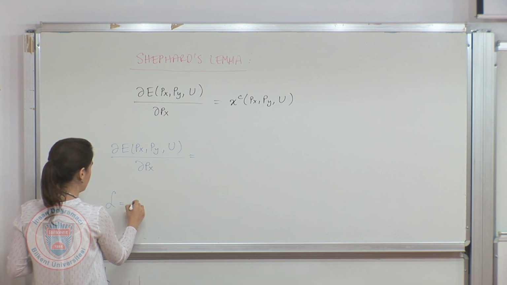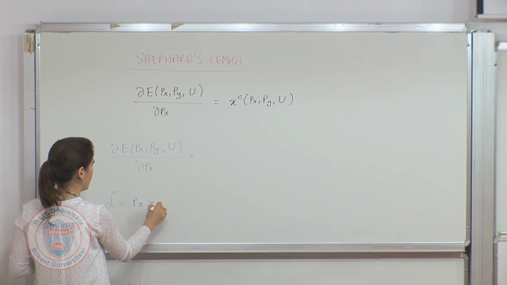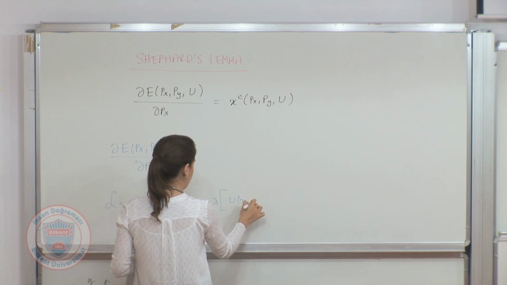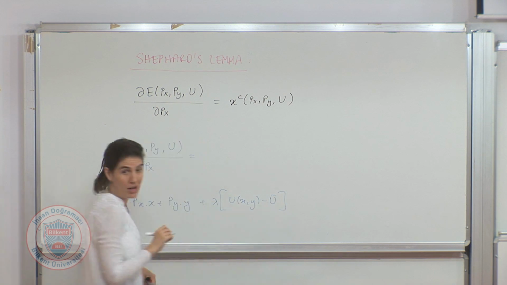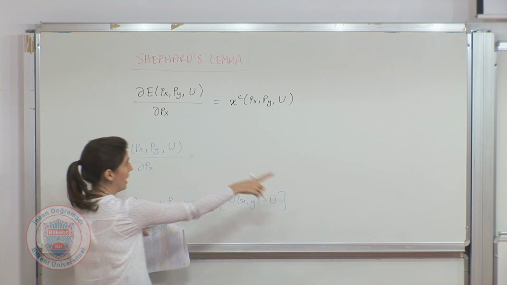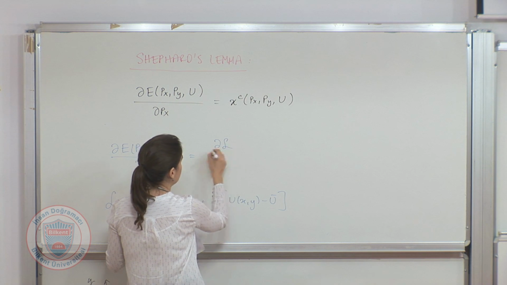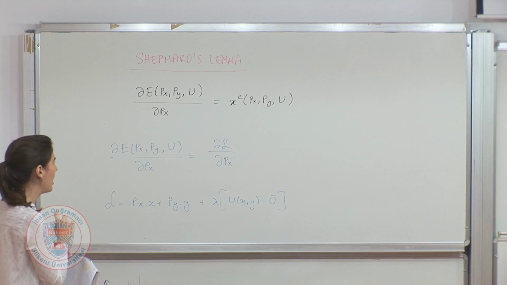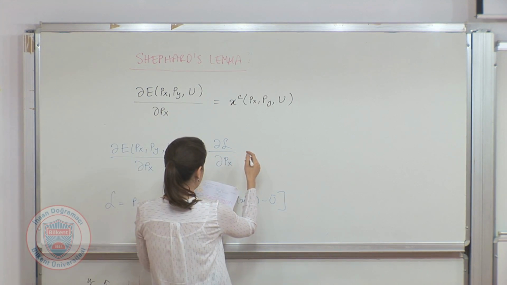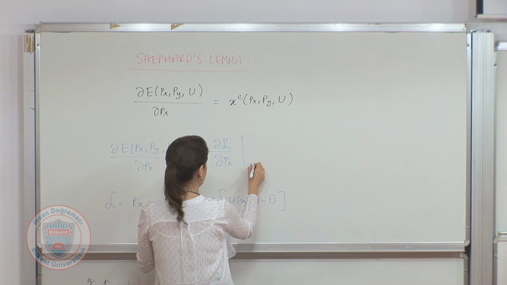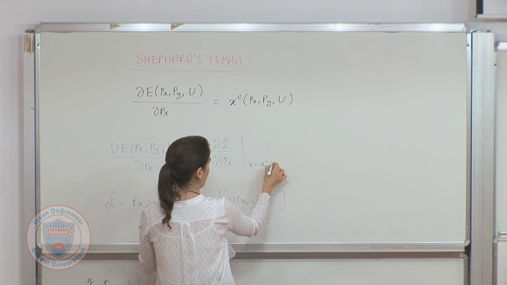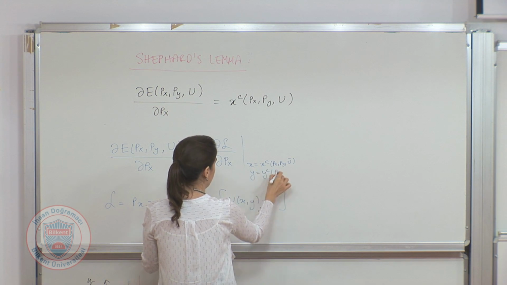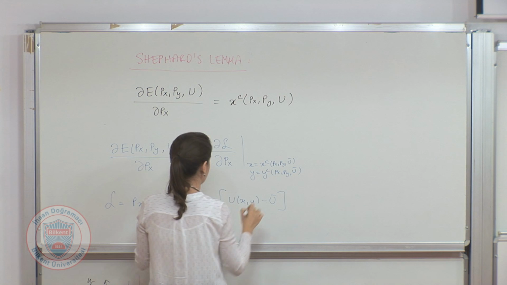My Lagrangian was something like this, px times x plus py times y plus lambda times u of xy minus u bar. My Lagrangian was this. So envelope theorem says that take the derivative of this Lagrangian with respect to px. And then evaluate this guy as x is equal to xc, which is the optimal point, and y is equal to yc, px, py, u bar, okay?